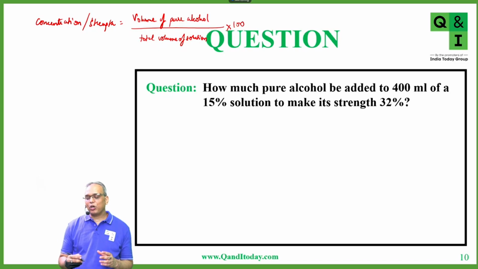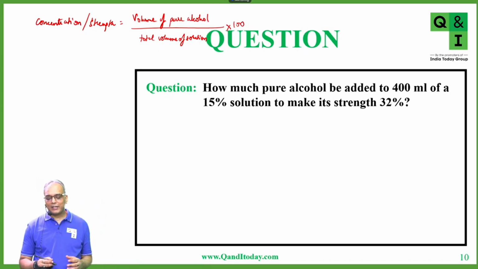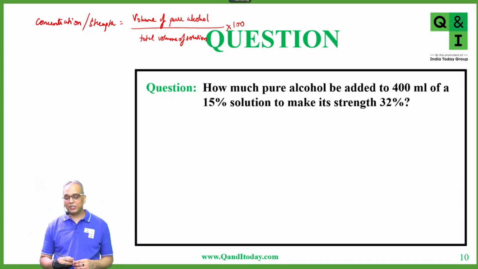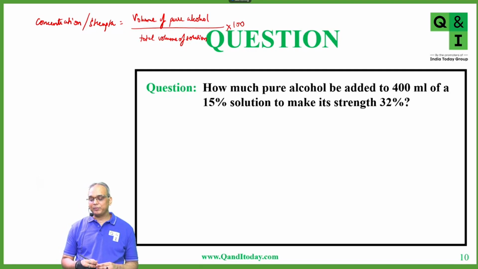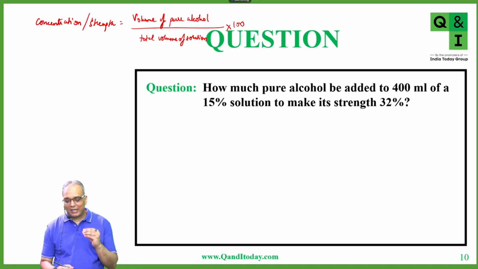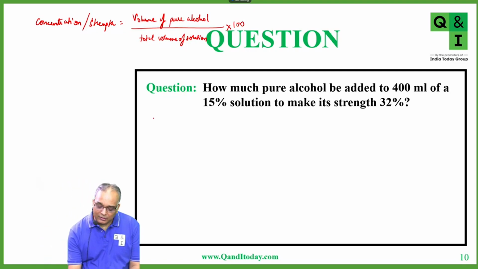How much pure alcohol must be added to 400 milliliter of 15% solution to make its strength 32%? Initially, what is the amount of pure alcohol? That is 15% of 400 milliliter.